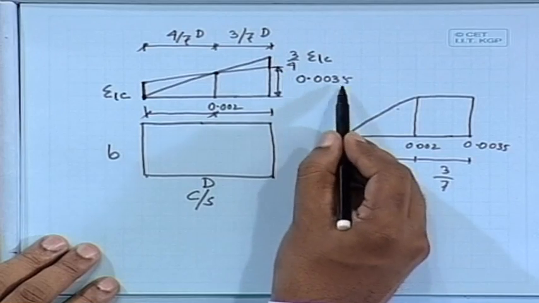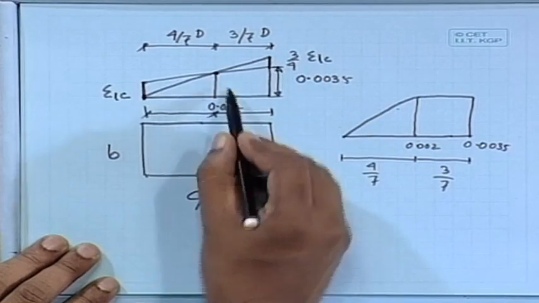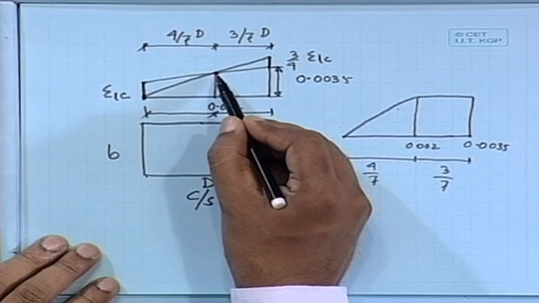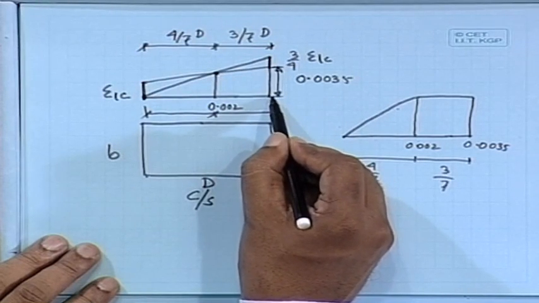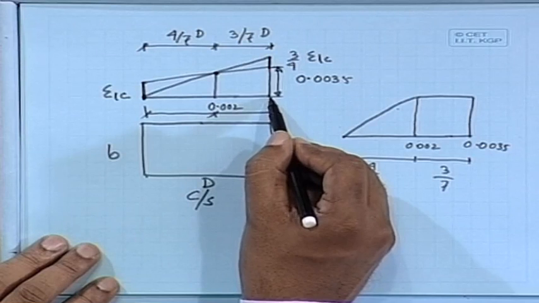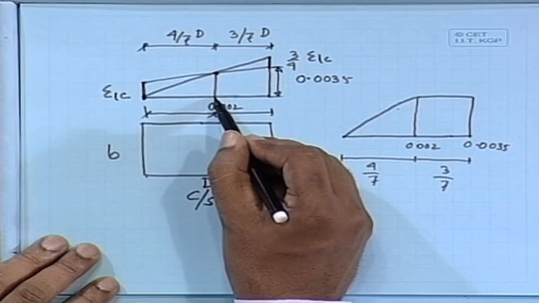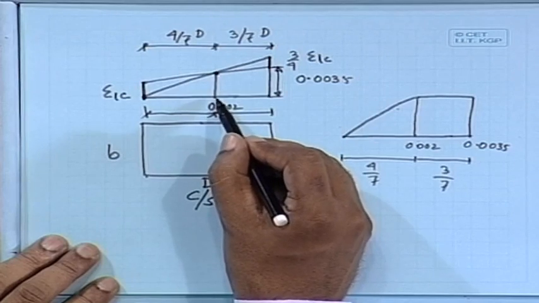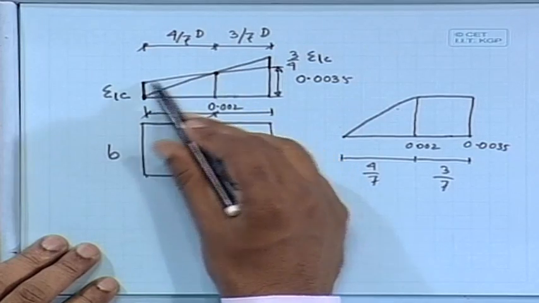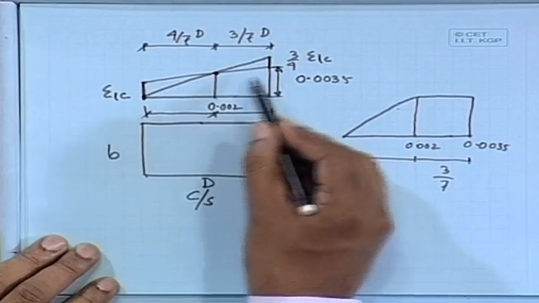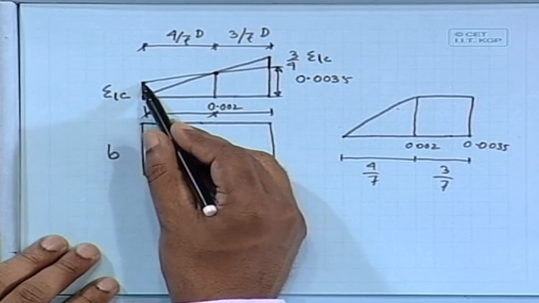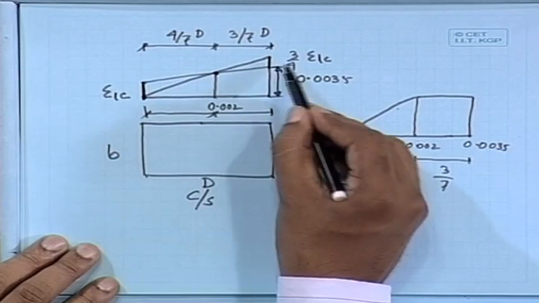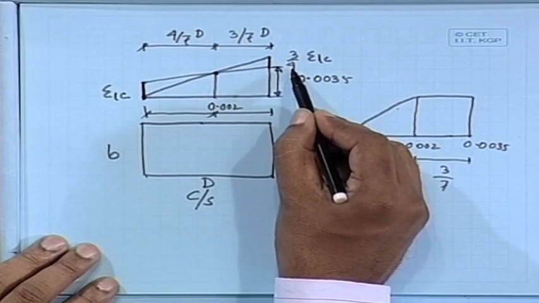So, it is pivoted about this point. What is the pivot point? The pivot point is at a distance of 3/7 of d from the maximum compression side, where we get 0.002. Our strain diagram rotates with respect to that, so I shall get a certain compression strain here, and the corresponding one I shall get as 3/4, which is nothing but 0.75.